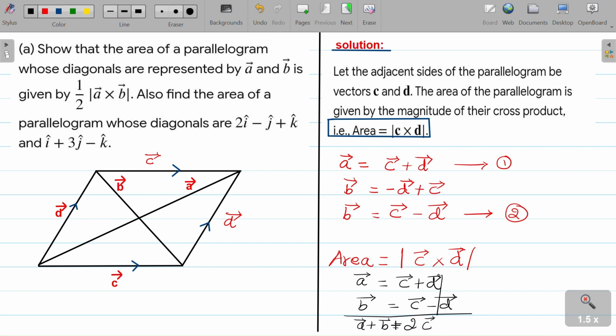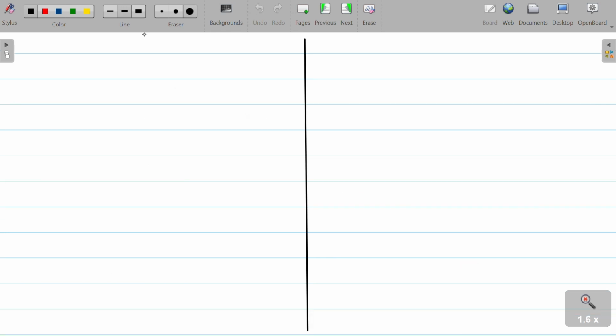So a vector plus b vector equals 2c vector. Keep c vector there. If this 2 comes to this side, it becomes half of a vector plus b vector. This is going to be my c vector.